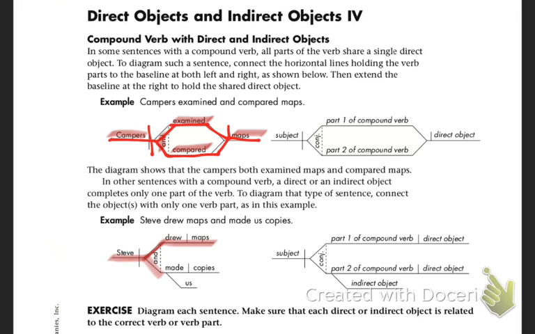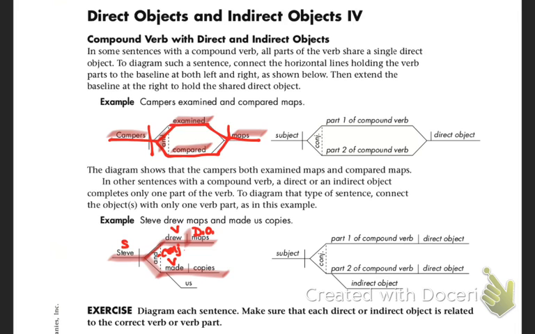So here you have the baseline, then you branch off because you have your compound conjunction triangle. Then you have your fork, and you're going to talk about, what are we talking about? Steve. What did he do? He drew and made. Here's your conjunction. Okay? What did he draw? Maps. That's your direct object. Here's your base.